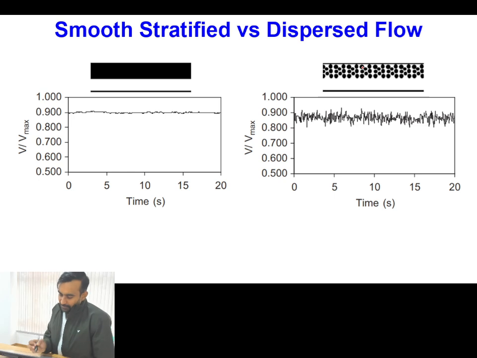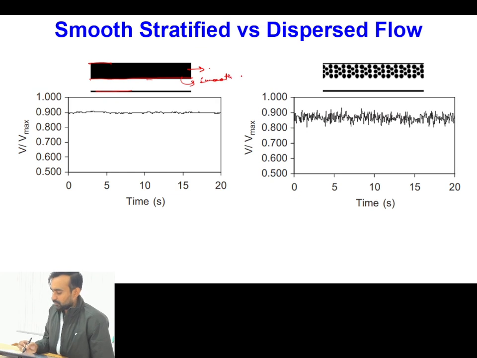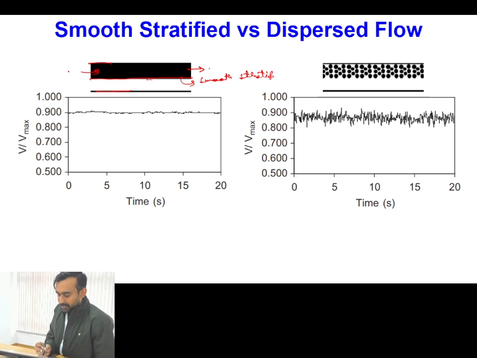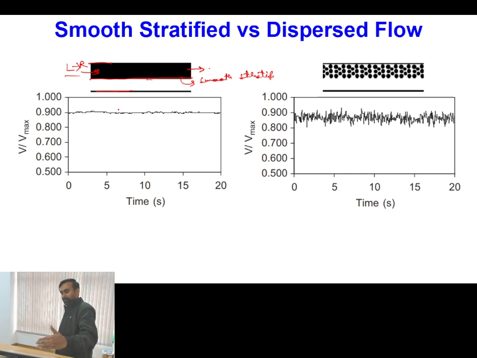Whenever you have a pipe, and in the top you have one type of fluid and in the bottom you have another type of fluid, and your flow pattern is smooth stratified, the flow is taking place from left to right, and while the flow is happening, your interface is almost flat. Corresponding to this, the voltage signal you are getting with time is something like this.